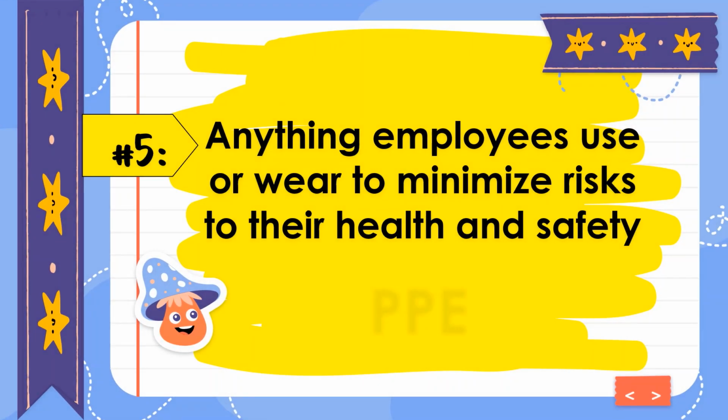Number 5 and last number. It is anything employees use or wear to minimize risk to their health and safety. Let's see if you've got the correct answer. The correct answer is PPE.